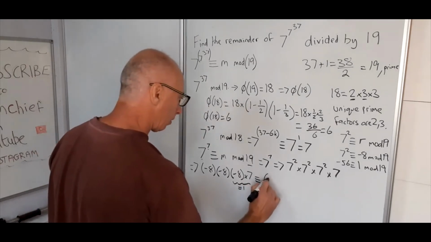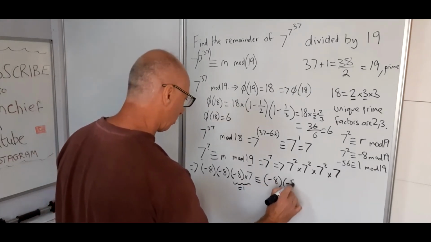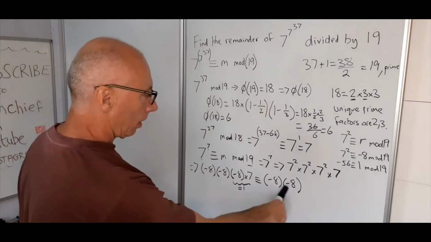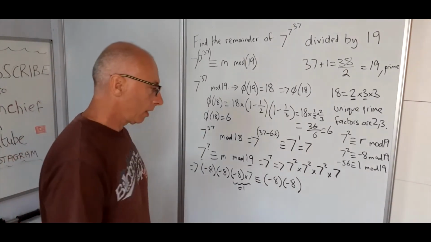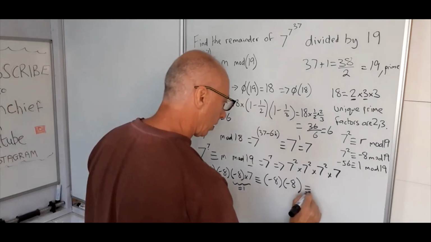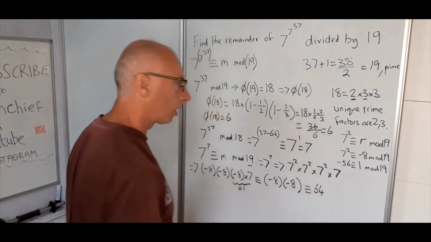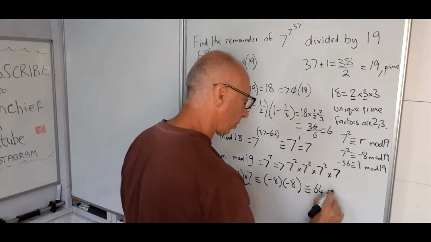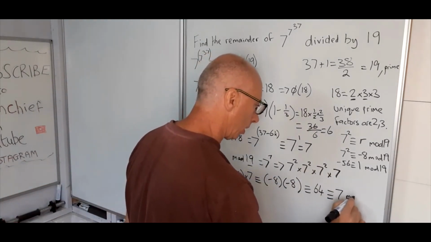So now we have minus 8 times minus 8, that will give us 64, and modulo 19, that is congruent with 7.